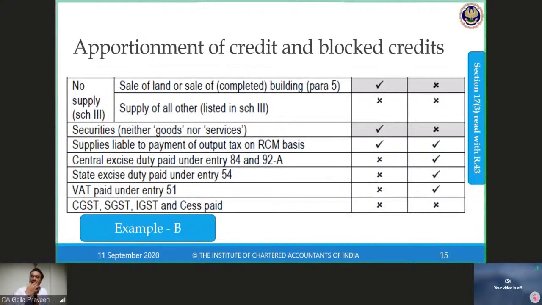Now what it says, my aggregate turnover definition read with my 273, again explanation which is given in my rule 43. Simple terms, if you have any central excise paid, state excise duty paid, or central sales tax was paid, VAT was paid, that shall not form part of exempt supply.